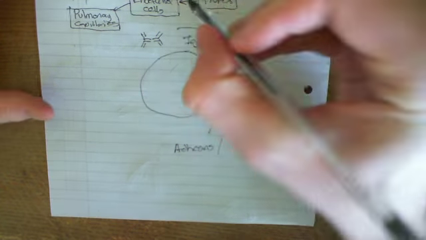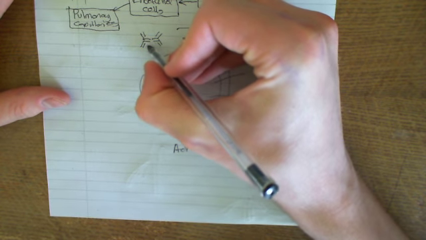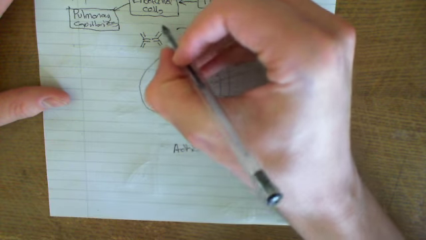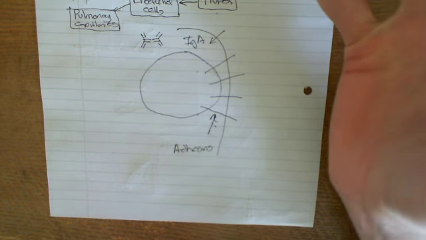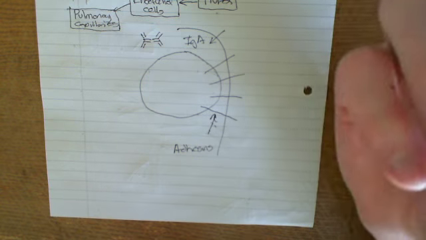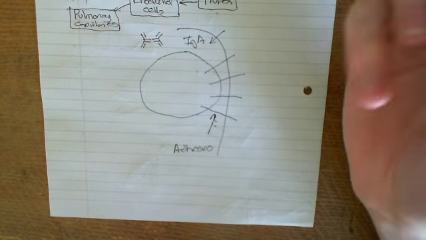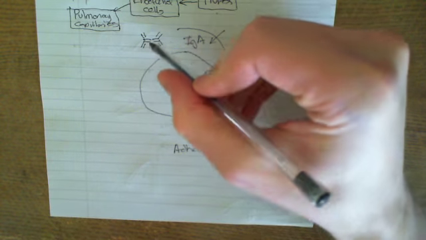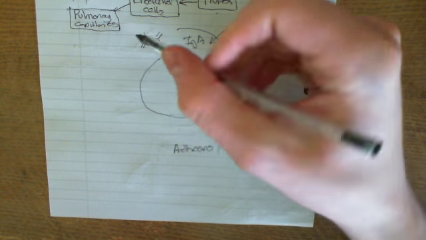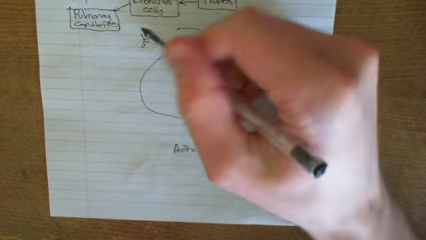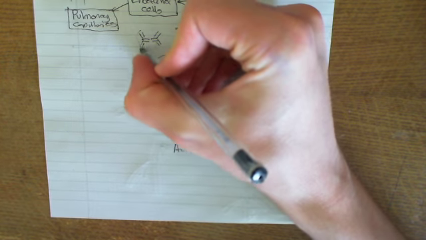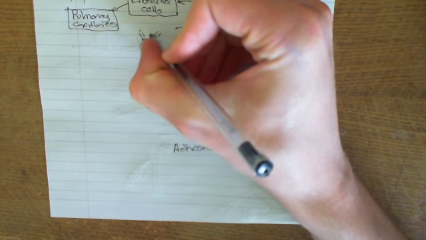IgA is characterized by its specific Fc region. It's not characterized by the fact that it is a dimer, it just often is a dimer. So that confused me for quite a long time. I thought that IgA just meant that it was an antibody dimerized like this, but in fact this is IgA, it's just a dimer of IgA.